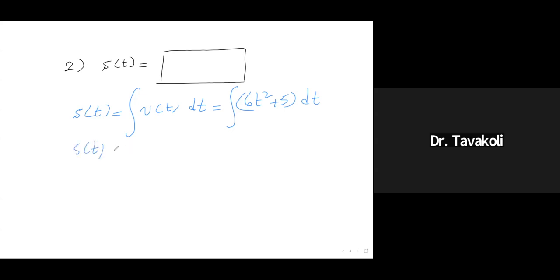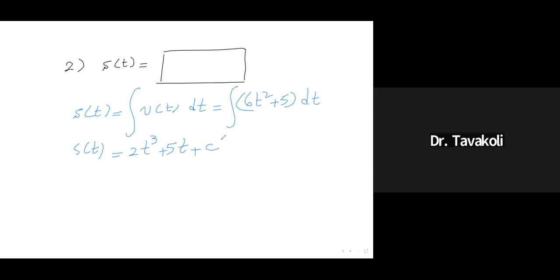So S of t equals the integral of 6t squared, using the simple methods that you know from Calc 1, is 2t cubed. The integral of 5 is 5t, and it's an indefinite integral, so this is plus c.